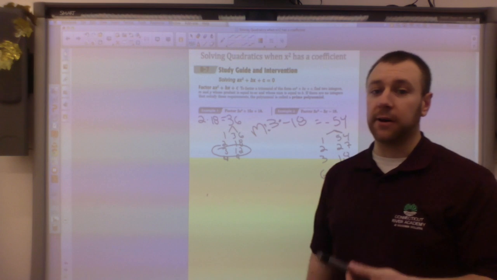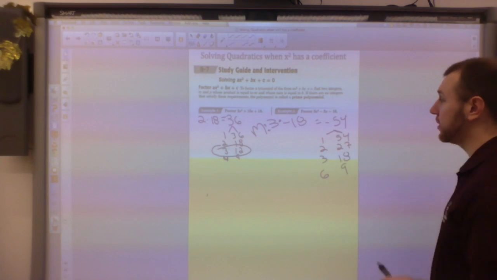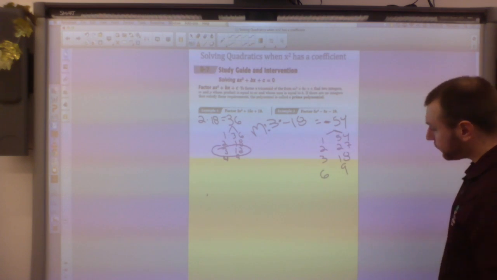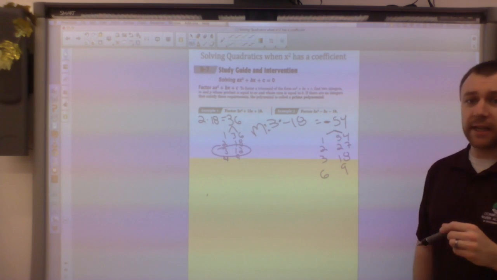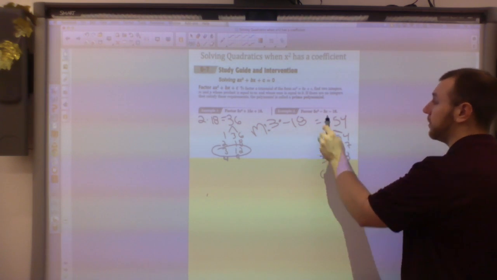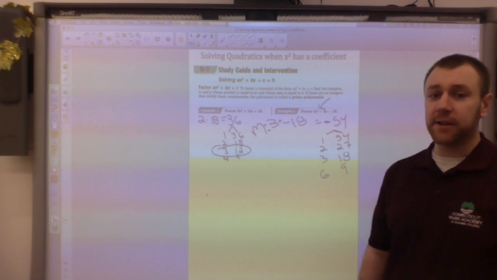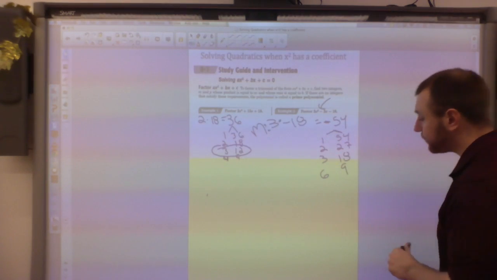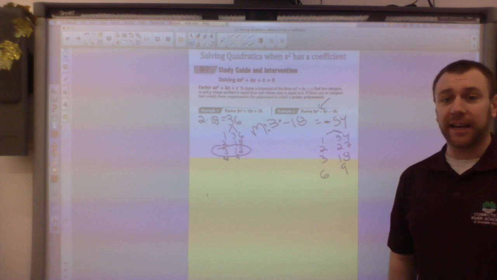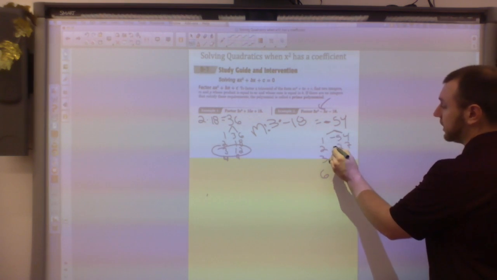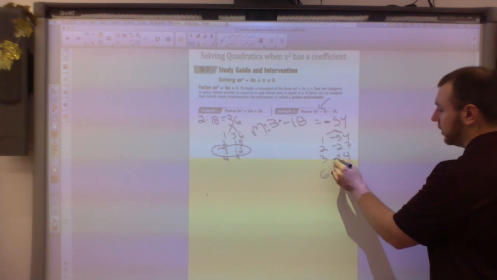Now I need to figure out what's going to add to the middle term. Well, if this is a negative 54, one of these has to be negative. To determine which one needs to be negative, I'm going to look at the b term. My b term is -3, which means when I add these together, I need to get a negative. So the bigger number has to be negative, so I'm going to make each bigger number negative.